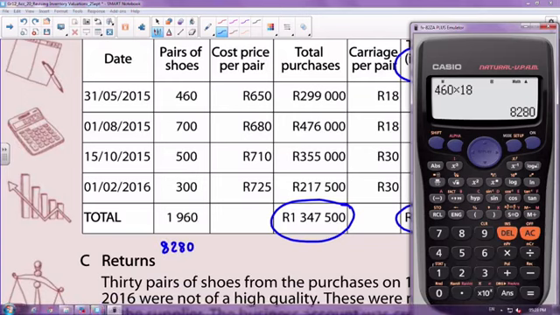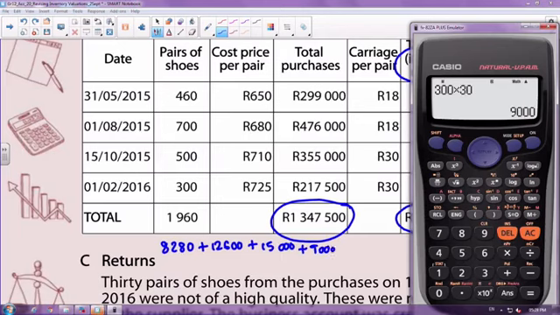Then we got 700 pairs at 18 Rand, so you take your 700 times your 18, and that will give you a figure of 12,600. Then you've got your 500 pairs at 30, and that gives you a figure of 15,000. You've got your 300 pairs times 30, and that gave you a figure of 9,000 Rand.